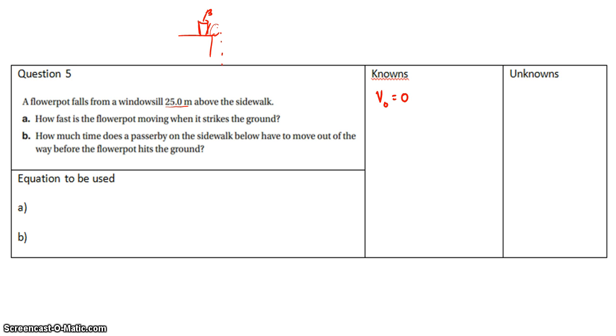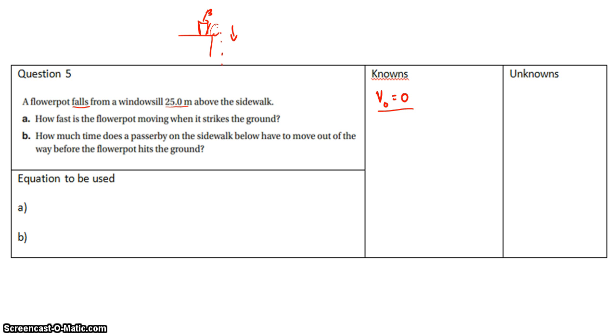It's not moving at the beginning, right? A different scenario where it would not be 0 is if you took the flower pot and threw it straight down with some initial speed. But in this scenario, no, it just falls, meaning its initial speed is going to be 0.